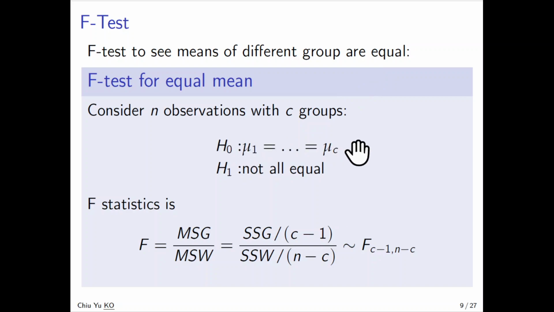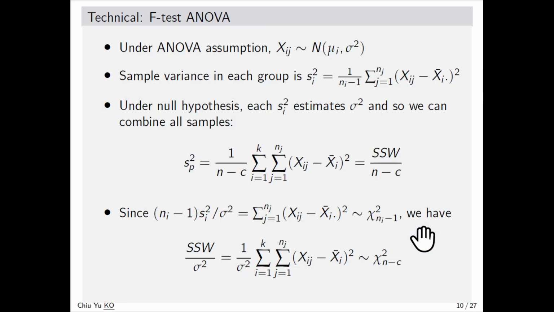The null is that all are the same, the alternative is that not all are equal. As long as one is not equal, that's fine. We're not checking which one differs. So it's MSG over MSW, that is SSG over C minus 1 divided by SSW over N minus C, a standard F statistic with C minus 1 and N minus C degrees of freedom.